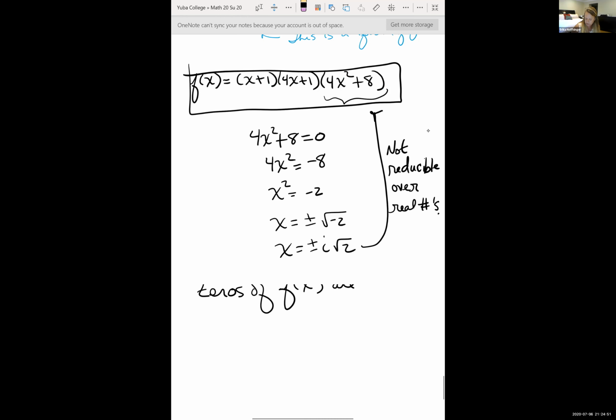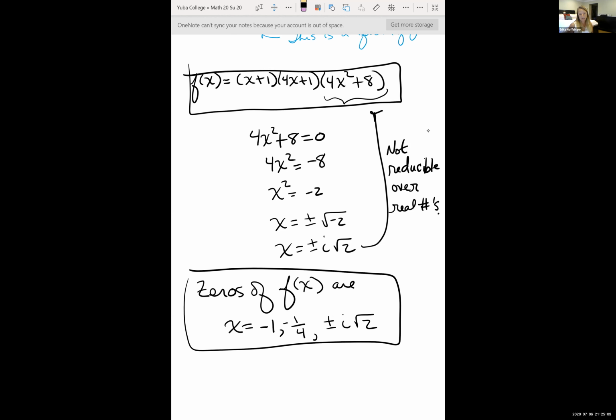So we saw it was -1, -1/4, and we just saw plus or minus i root 2. If you count, there's 4 zeros: -1, -1/4, positive i root 2, and negative i root 2. Our polynomial is degree 4. So that is not a coincidence. That's also an important theorem.